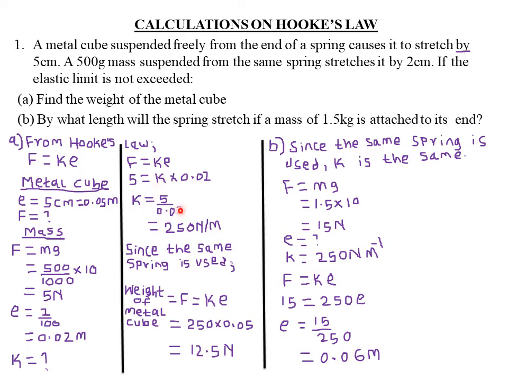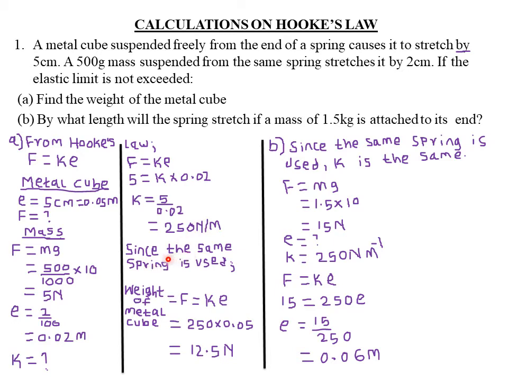You perform this calculation using your calculator, or by simple arithmetic, and you will obtain 250 Newton per meter. Newton per meter, because the 5 was in Newton, and I'm dividing by the 0.02, which was in meter.